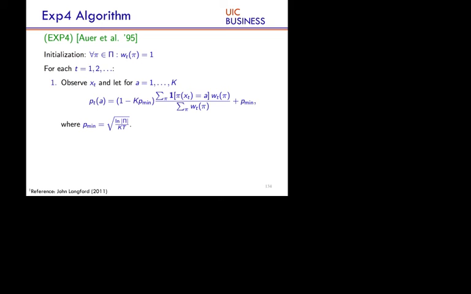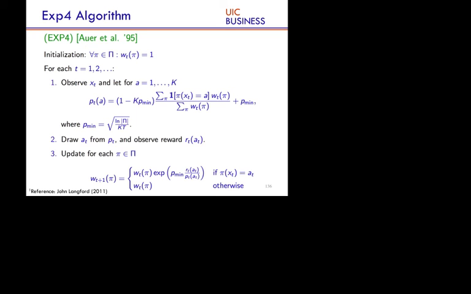That's the one-step difference between EXP3 and EXP4. But once we construct this distribution over actions, we do the same. We draw an action from this distribution and observe a reward for that action. So this step is the same as what we were doing before.